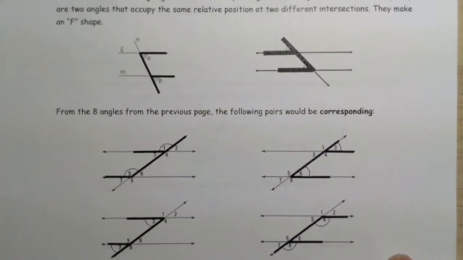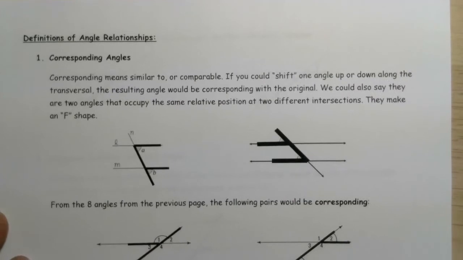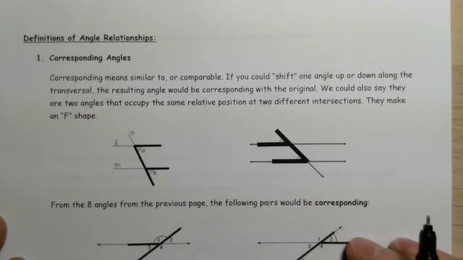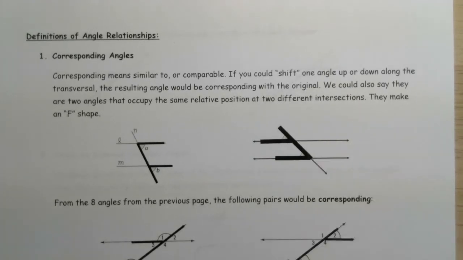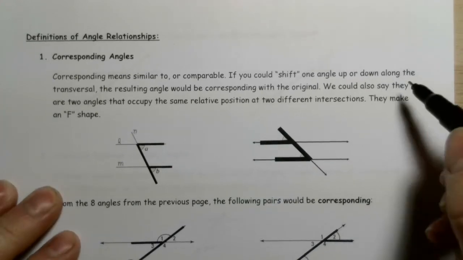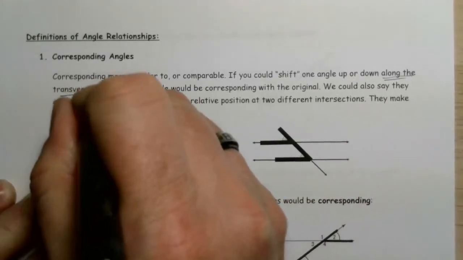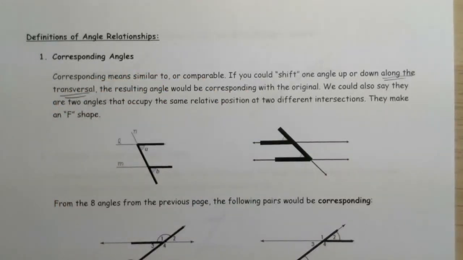To start off, we are going to look at something called corresponding angles. Corresponding means similar to or comparable. If you could shift one angle up or down along, and this is important, along the transversal, it would end up overlapping with the next angle.